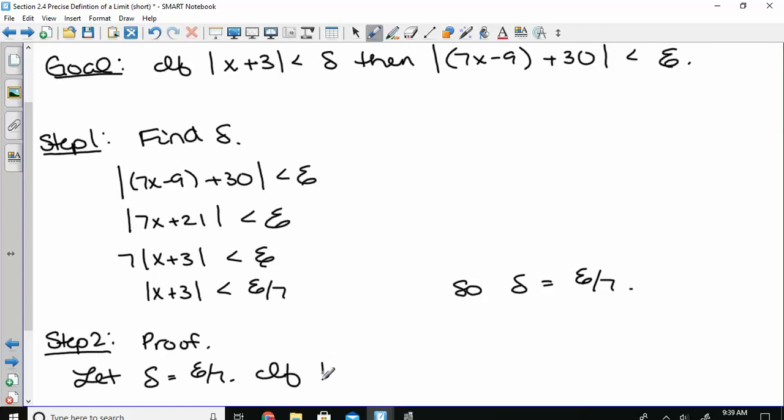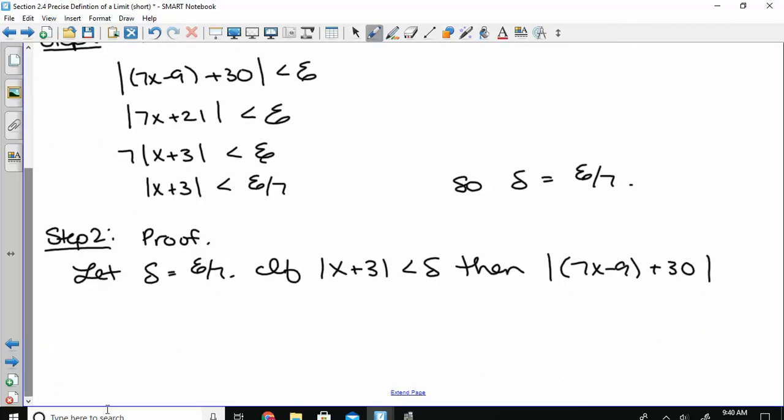Step 2 is the proof. So you have to state what delta equals. And we state what we're trying to prove. The absolute value of x plus 3 is less than delta, and the absolute value of 7x minus 9 plus 30.